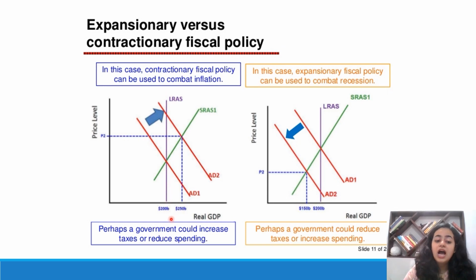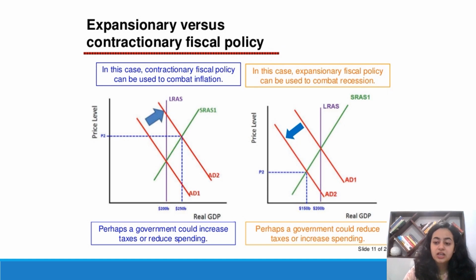Either the government could reduce its expenditure or increase the amount of taxes it is currently imposing on people, which will lead to a reduction in aggregate demand and bring the economy back to the long run equilibrium where we have attained full employment.